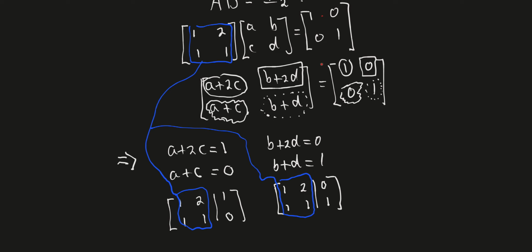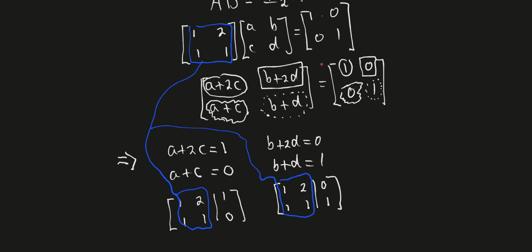This was our original A. This was the B that we just found. Let's multiply these two and see if we do get the identity. So let's check our claim. So let's do B times A, which is the 1, 2, 1, 1, and let's see if the magic happens.